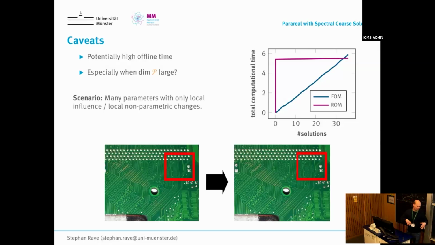For everything, you maybe can't find a solution, but what we are in particular interested in is if we have many parameters which are somehow local in space, and if I change them, maybe the effect is also only local. If I look at something like this, then an obvious idea is to do localized model order reduction.